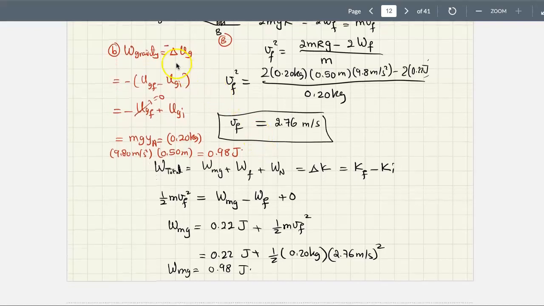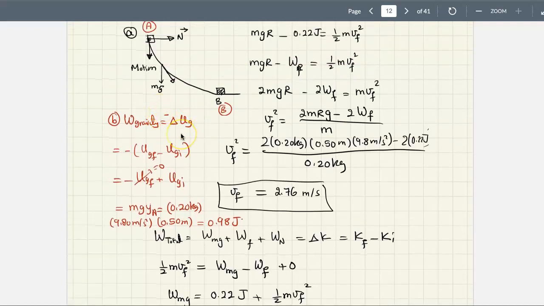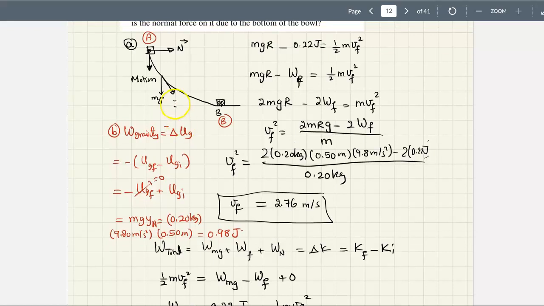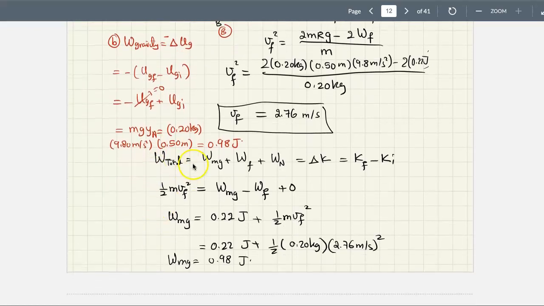I can also calculate the work done by gravity, and that is going to be minus UGF minus UGI, with a negative. And remember, when it comes to this point, I can consider this as my 0, and therefore I will be able to calculate the work done by gravity to be 0.98.